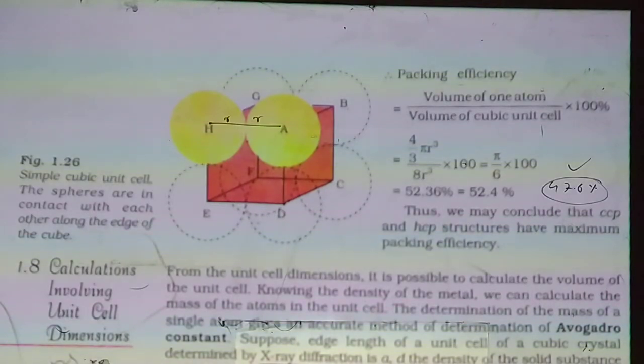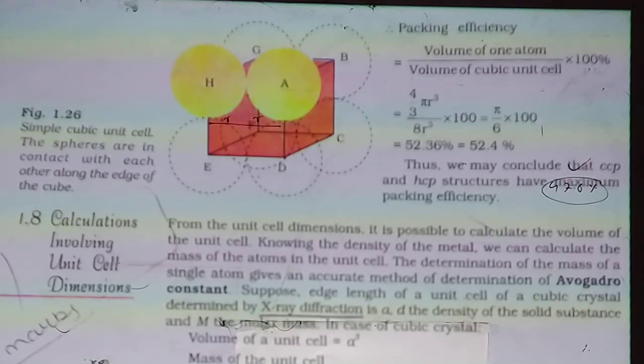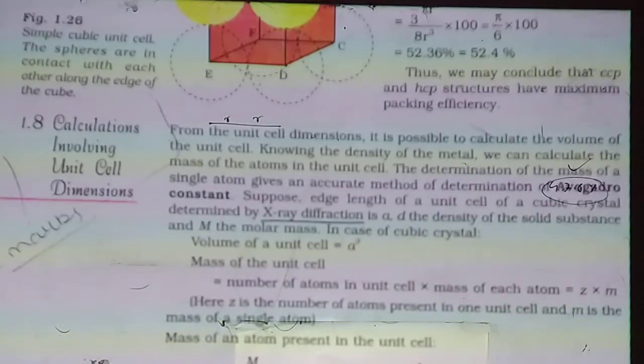Only 52.4% is occupied. We may calculate that CCP has the maximum packing efficiency, yes, 74%. In BCC it is 68, and here only 52.4.